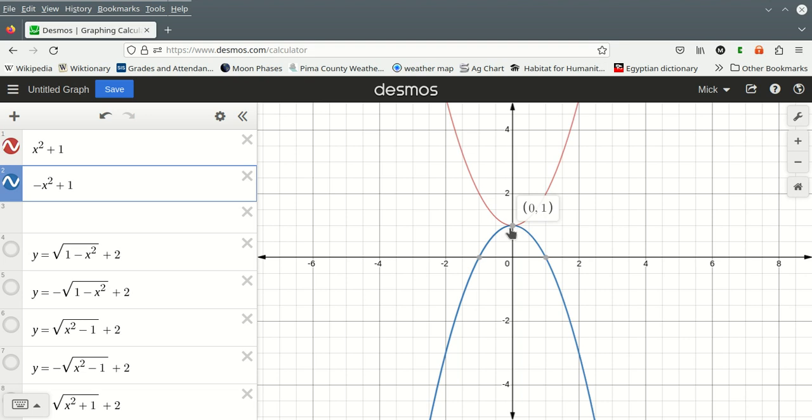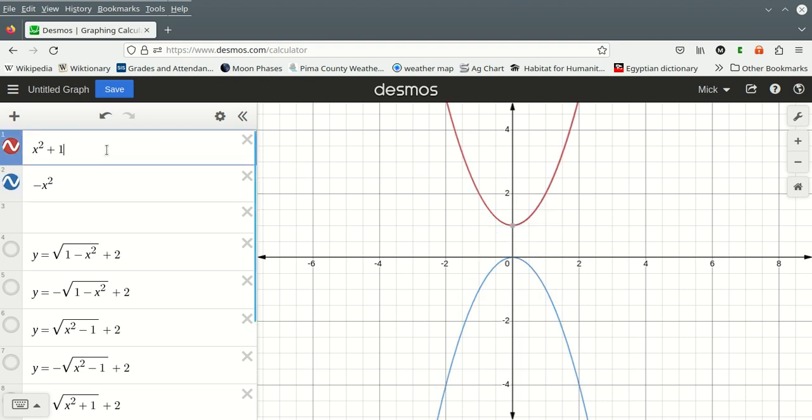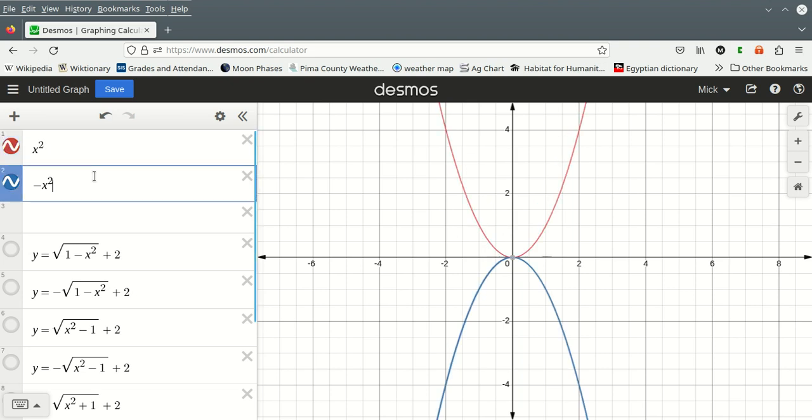They share that vertex, and this is why here there's 2 solutions, that there's 2 zeros that are just 0, because there's 2 vertices right there. There's the vertex of this one, and there's the vertex of this one at 0, 0. This is 0, i, 0. This is 0, the real 0.